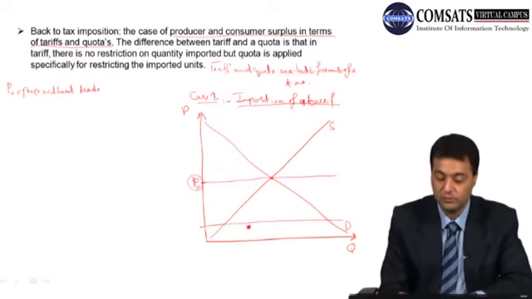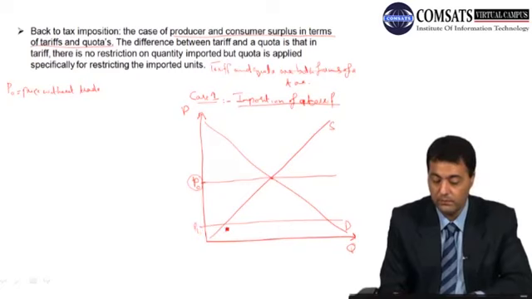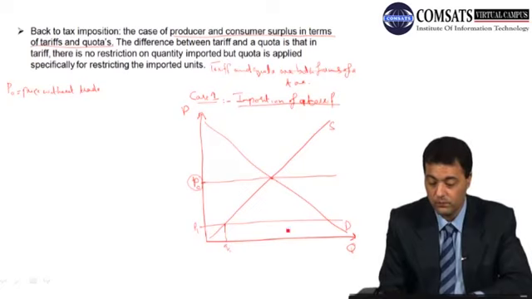This would be the new price, P1, at quantity Q1. This is relative to demand and supply.